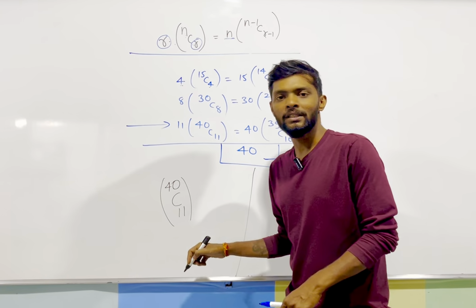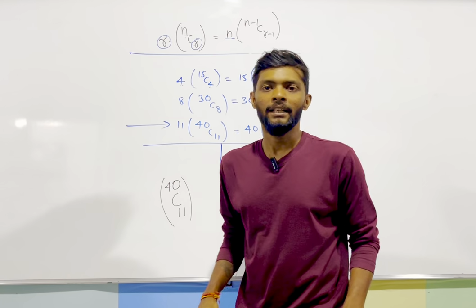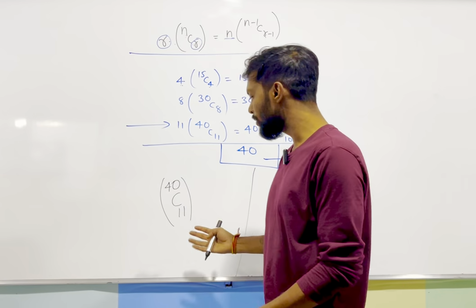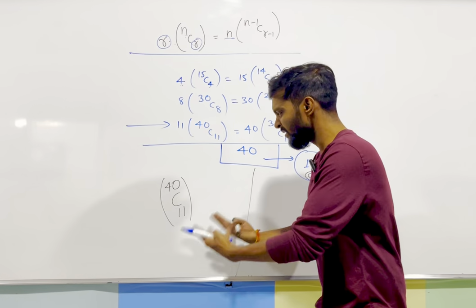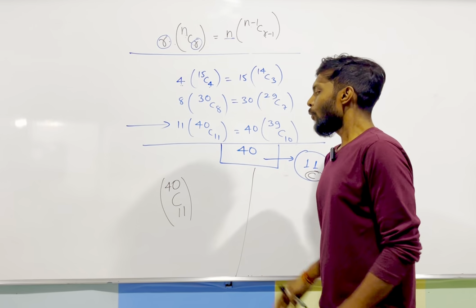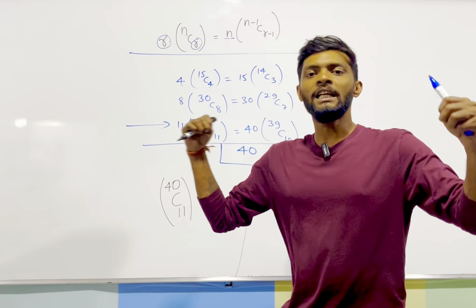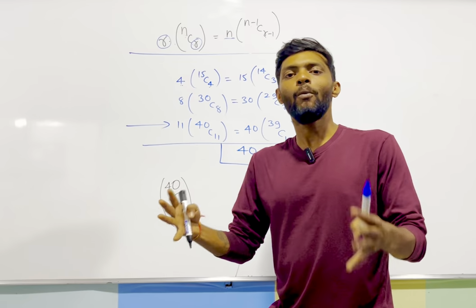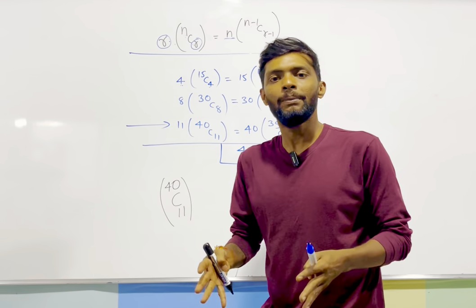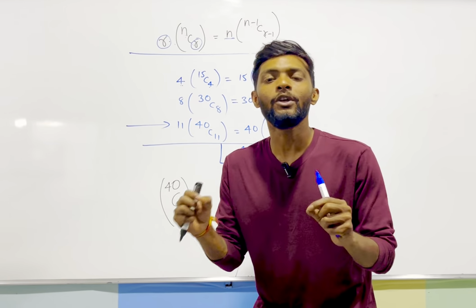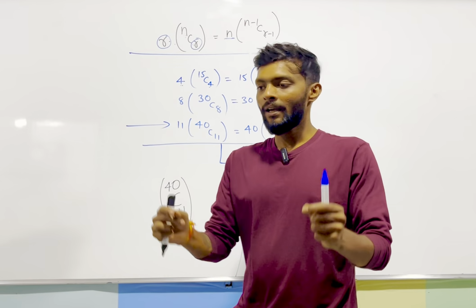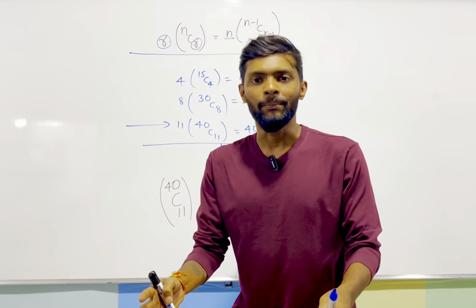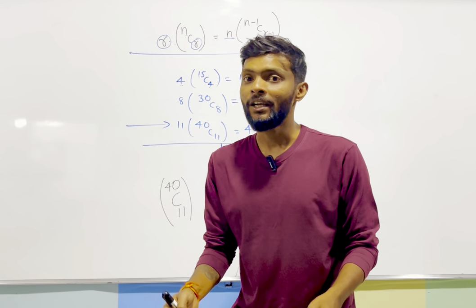We understood this very clearly in the last session. 40C11 gives the number of different combinations you can make of 11 players out of 40 players, but your task is not completed yet. You have only selected your team. You have not decided your captain yet.